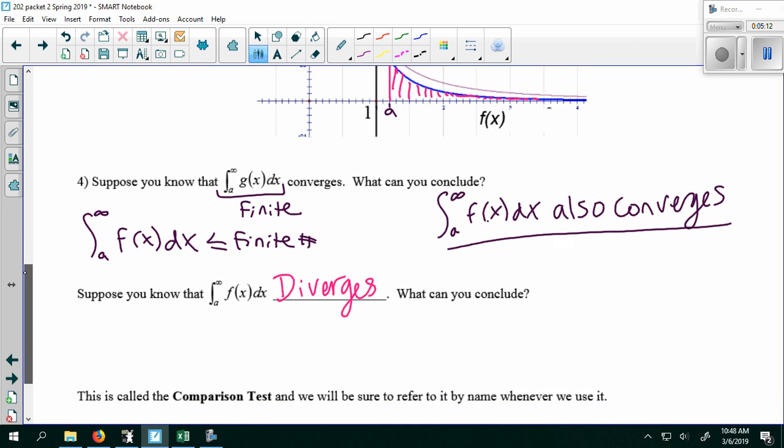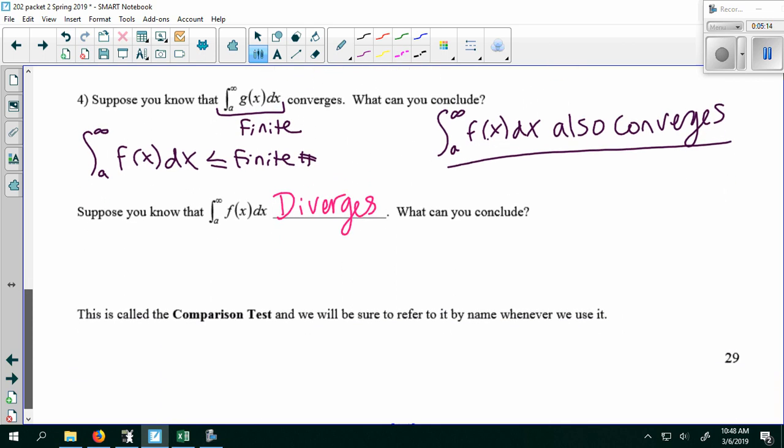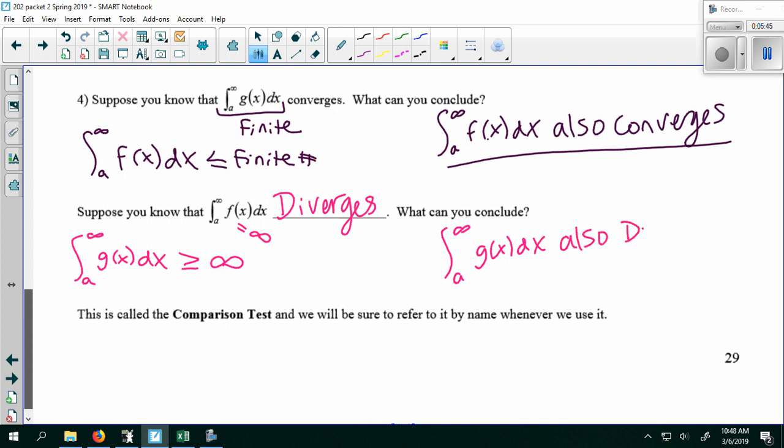Okay, so I can say if this integral diverges, that means that this integral is infinite. The area under the curve is infinite. So that means that the area under g is larger than something infinite, which means it also diverges. So my conclusion is that the integral from a to infinity of g of x dx also diverges.